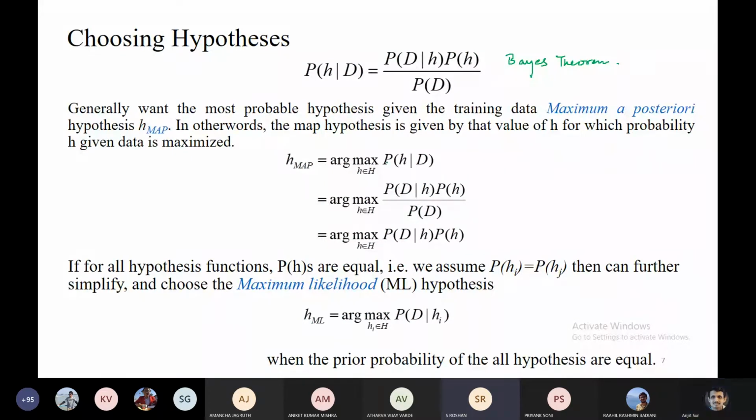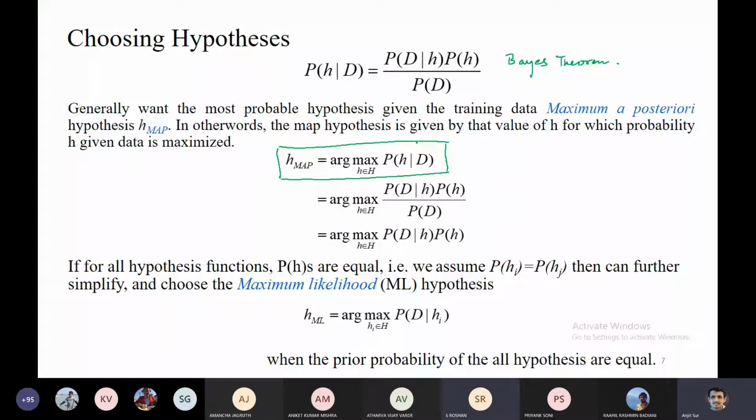Okay. So we have just written that in the last slide. This is called H MAP, the maximum a posteriori probability. That is what we are going to learn. If we can learn this, we can understand which hypothesis we are going to choose.